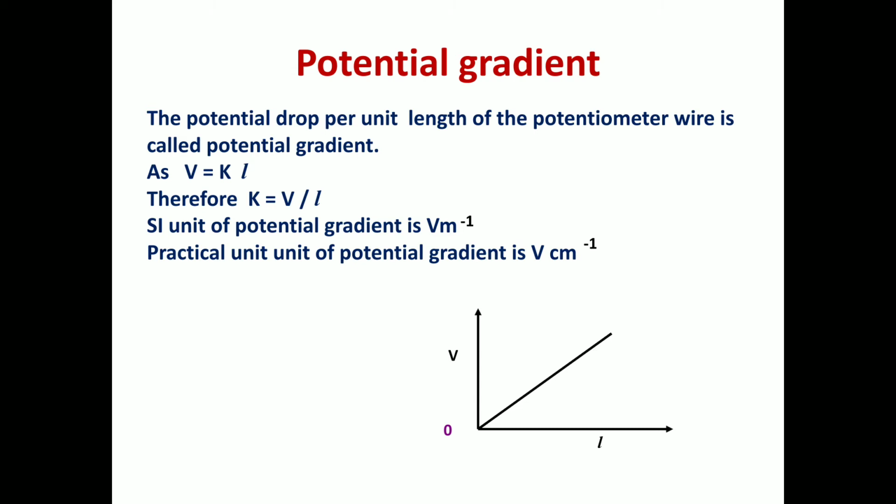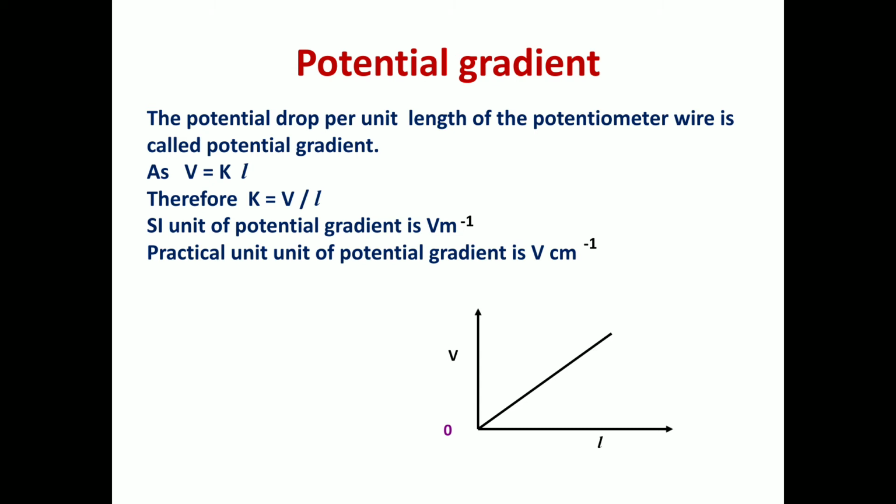In terms of SI unit, the unit of potential gradient is volt per meter. But since a meter is very big for measuring the potential or EMF of the cell, in practice we use length in terms of centimeter.